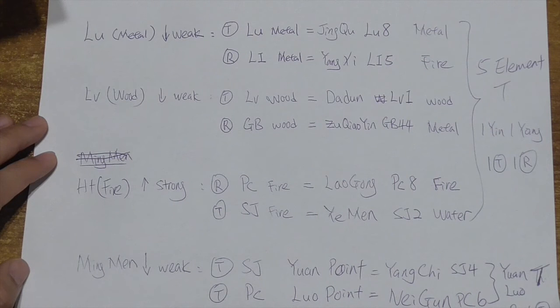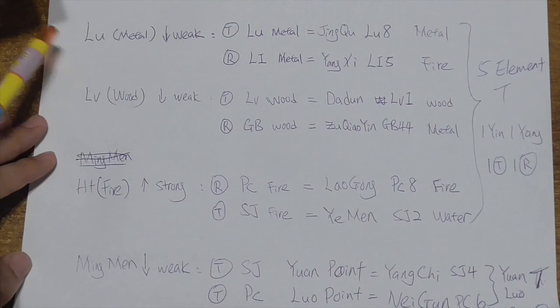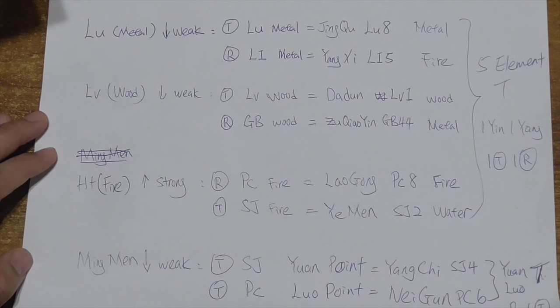Once you know how to take the pulse and figure out which organ is too strong and which organ is too weak, for example, from the MP3 of the workshop of Dr. Pan, I give 4 examples as well.